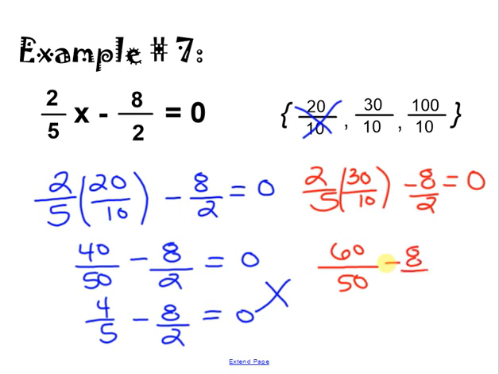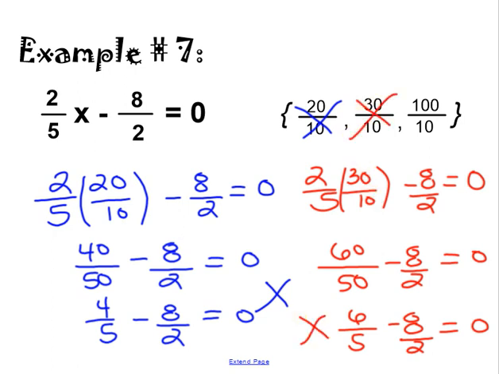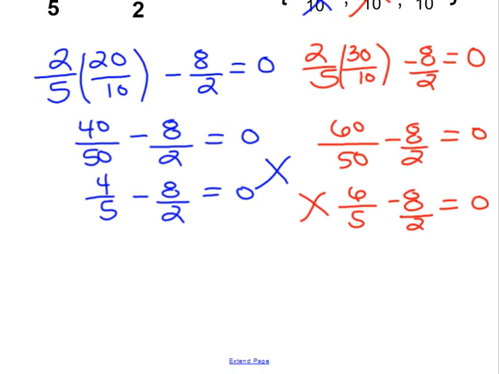Minus 8 over 2 equals 0. Simplify this guy as low as possible. You'll get 6 over 5 minus 8 over 2 equals 0. Use your common sense. In order to get 0, you need one number minus the same number. Are these the same? No, it will not work. Let's try the last one.